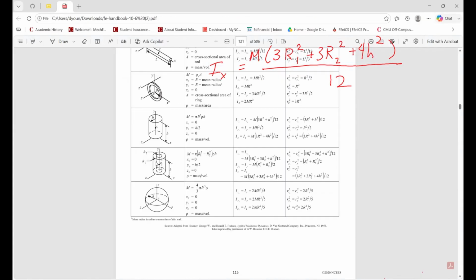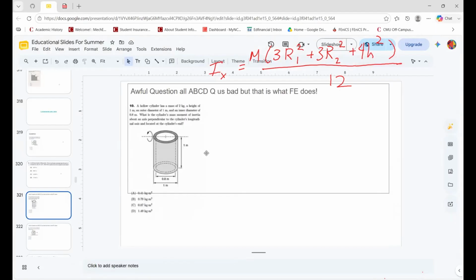So obviously you need to realize which one is R1 and R2. It looks like R1 is the bigger one, R2 is the smaller one, and H is the height. Okay, I think we got everything. So R1 is the outer layer, and R1 equals the diameter halved, so 1 divided by 2. R2 equals 0.8 divided by 2. H equals 1. So in this sense, what is M?